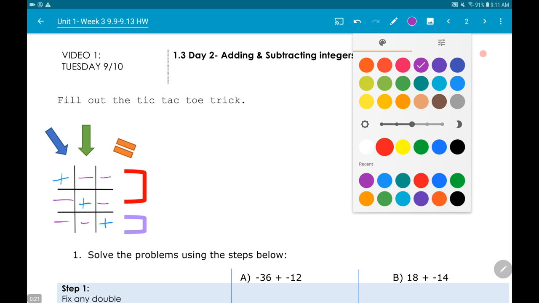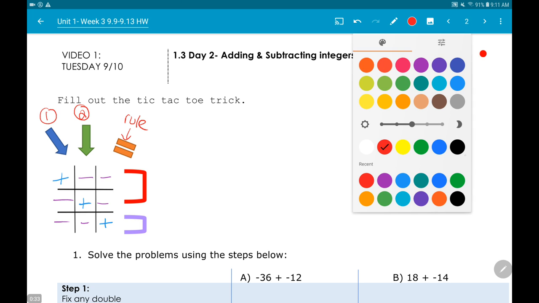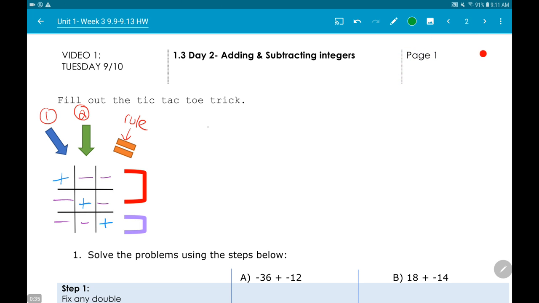All right, and remember, how do we use it? We start here with our first integer, our second integer here, and this tells us the rule. We used this when we had double signs last week, and we're going to continue to use it that way, but we're going to add a second step.